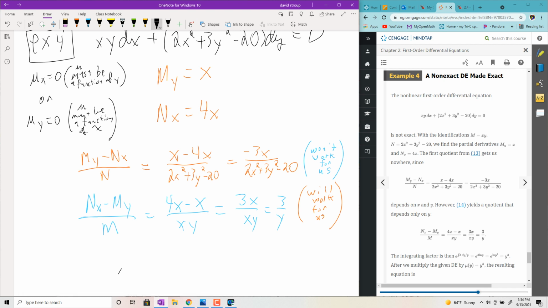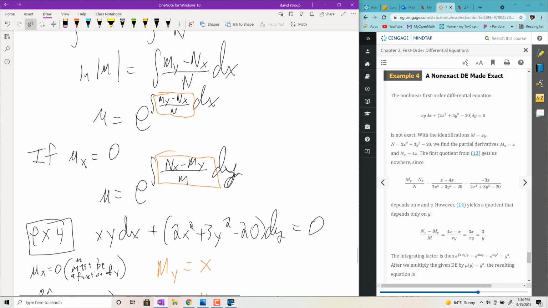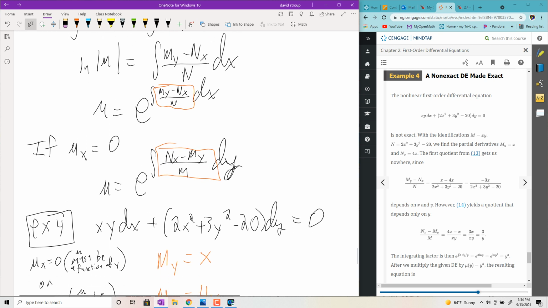Hence mu is equal to e to the integral of 3 over y, and we're going to integrate with respect to y up there. Note this first mu has dx right here, and then the second mu has a dy right here.